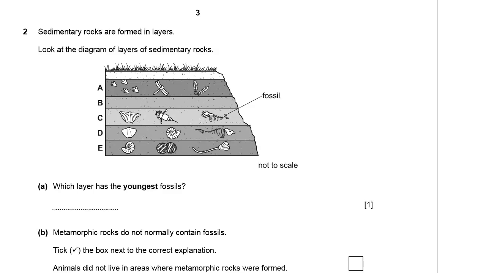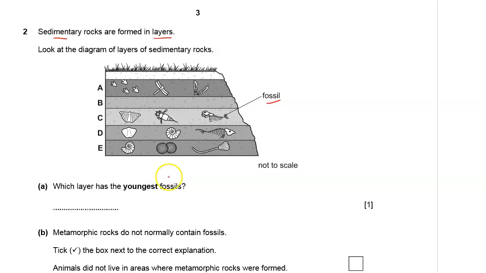Question 2. Sedimentary rocks are formed in layers. Look at the diagram of layers of sedimentary rocks. You've got layer A, B, C, D, all the way to E. Of course, fossil fuels and dead organisms will be buried underground for quite a while.